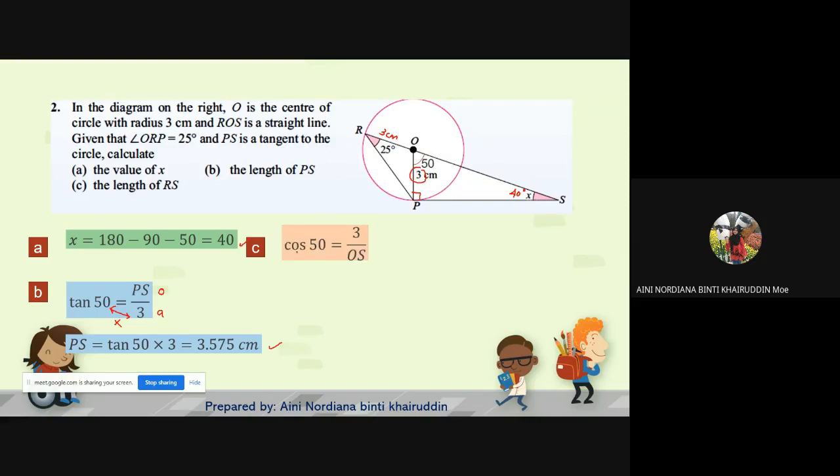But here I use cos 50. Cos is CAH, adjacent over hypotenuse. Hypotenuse is OS. Then the OS is 4.667, then plus with OR. So equals to 7.667.